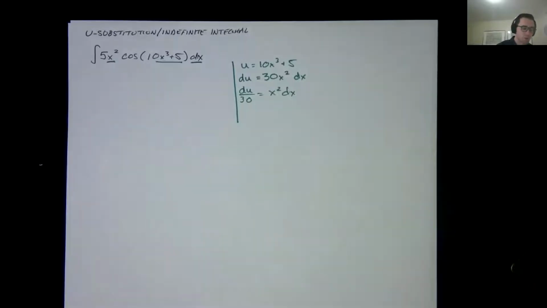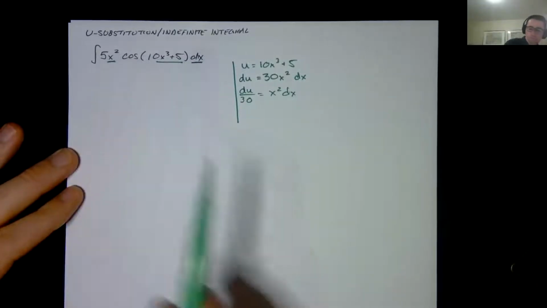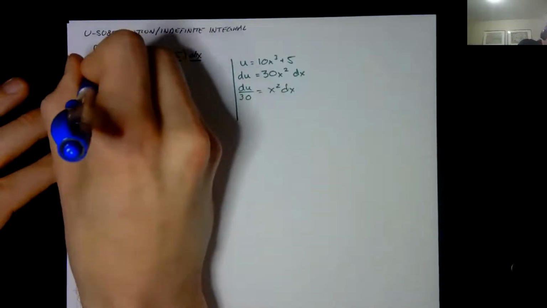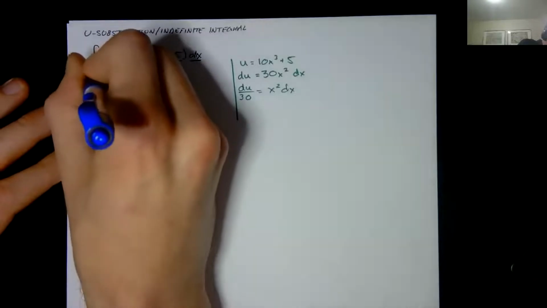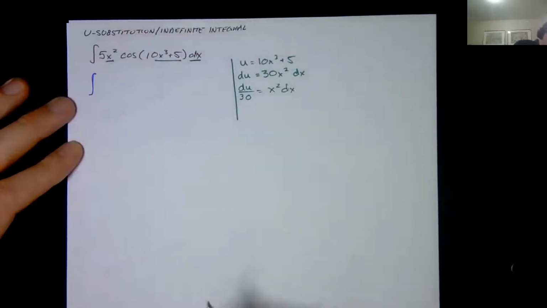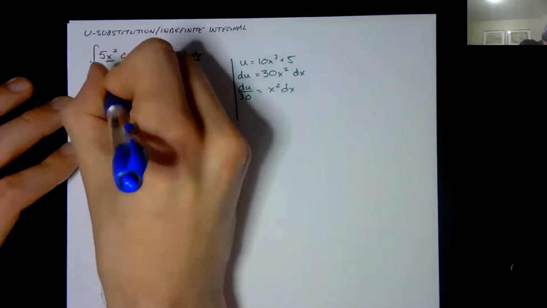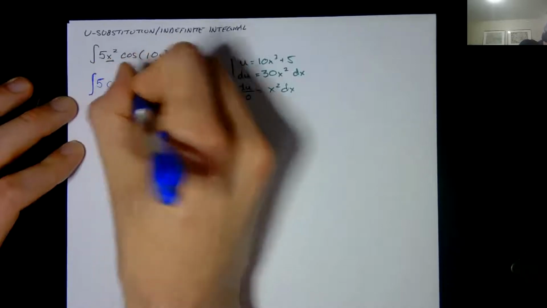So far we've chosen u, differentiated du, and then we've isolated x squared dx to match what we have over here. Now, we're going to take that original integral, keep the integral sign, and keep anything I don't plan to substitute out. So I'm going to keep that 5 there. I'm also going to keep the cosine, like this.